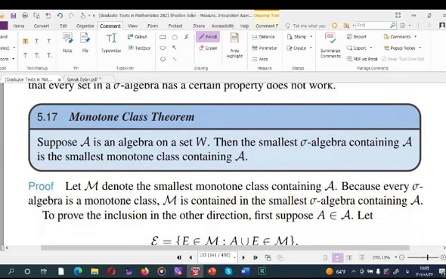Suppose A is an algebra on a set W, then the smallest sigma algebra containing A is the smallest monotone class containing A. The smallest sigma algebra equals the smallest monotone class.